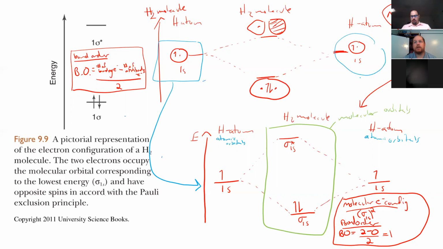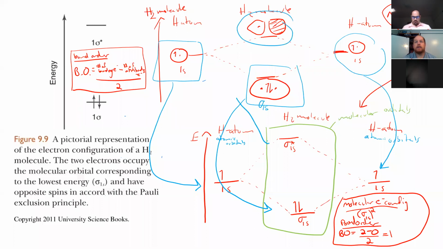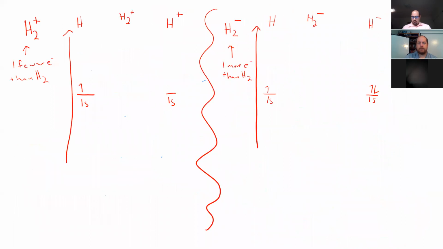This other 1s orbital corresponds to this orbital here, again a picture of it, and then we've got our molecular orbitals. This one here is our sigma 1s orbital, and that's the one that's represented there. And then we have our sigma star orbital up top, which is represented down here.